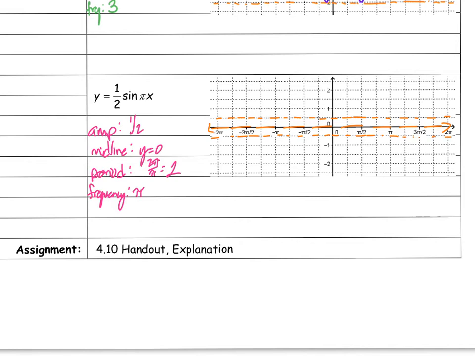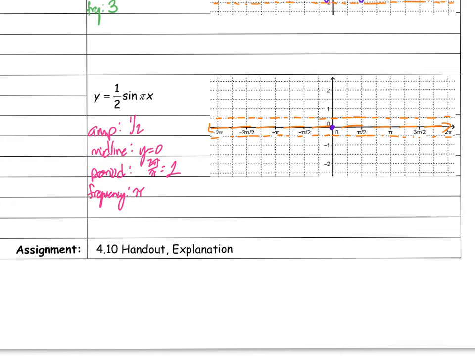Okay. And I'm doing sine again. So sine means I'm starting on the midline. Good. So I know sine means I'm starting on the midline wherever the midline is, and cosine means I'm starting above the midline. Great.